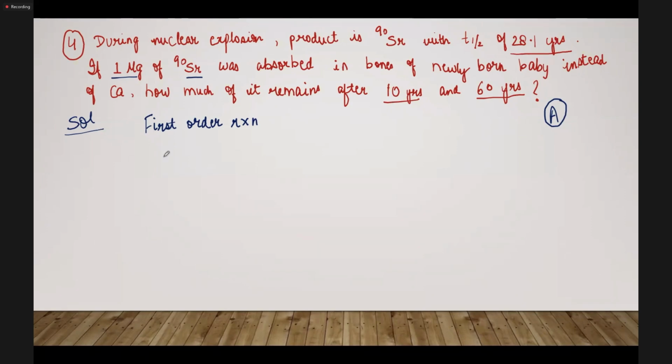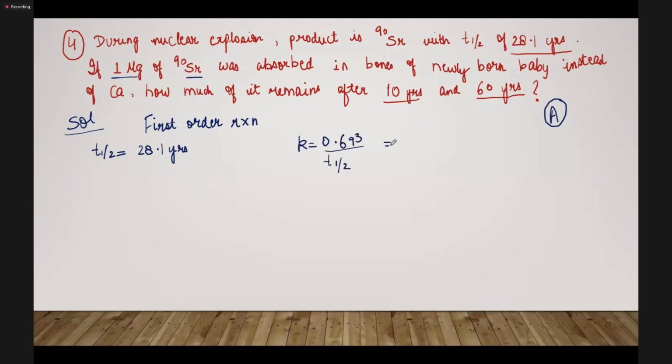ठीक है, तो क्या क्या दिया इन्होंने? First, they have given you the half life, which is 28.1 years. So with this data, what you will do is, K will be, for the first order reaction, it is 0.693 by half life.